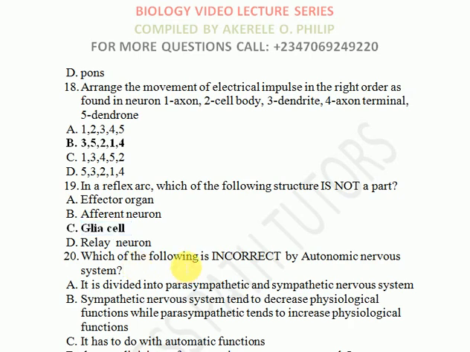Which of the following is incorrect about autonomic nervous system? It is divided into para and sympathetic nervous system. That's correct. Sympathetic nervous system tends to decrease physiological action, while parasympathetic tends to increase physiological action. That is wrong.